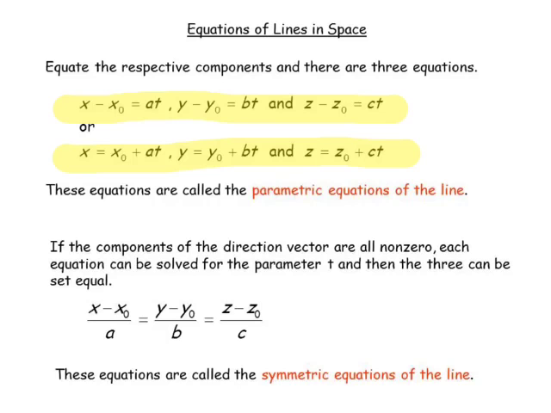The x naught, y naught, z naught, the a, b, c, those will actually be numbers. So we can solve for t in each of those equations, and we can write what's called our symmetric equations of the line. You will be expected to be able to write both for any line that I give you in the 3-dimensional space.